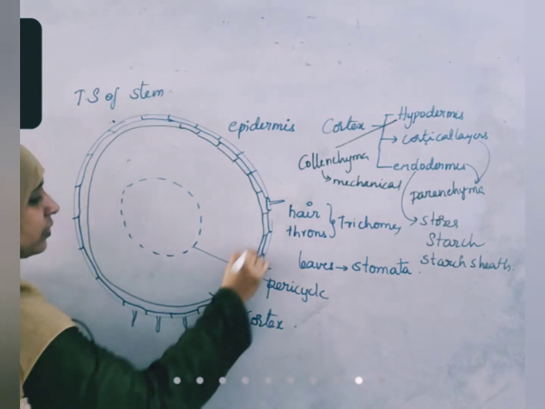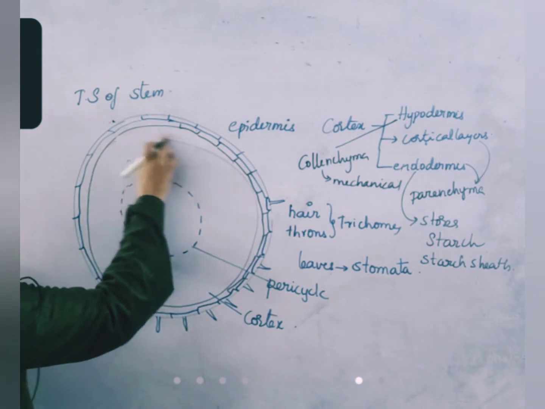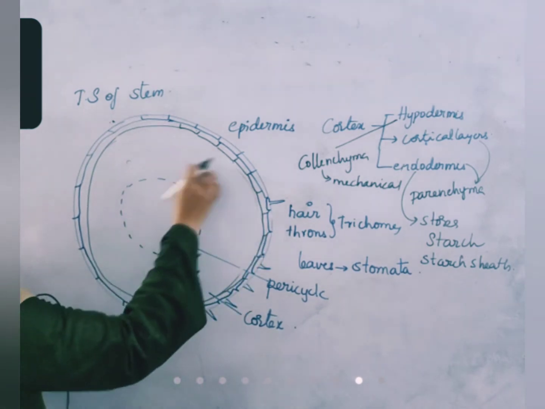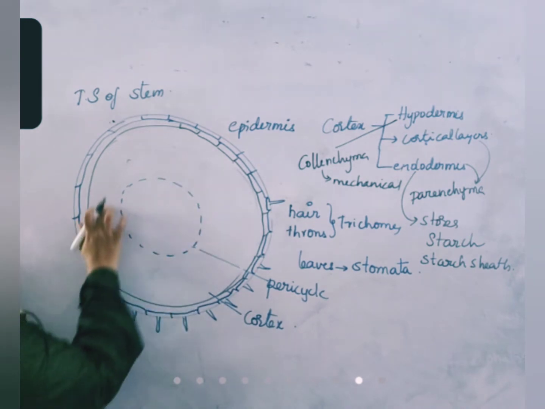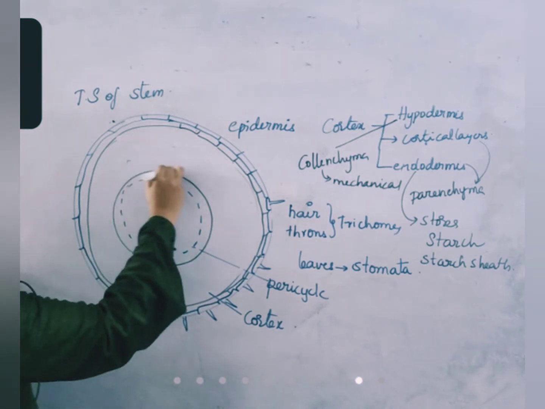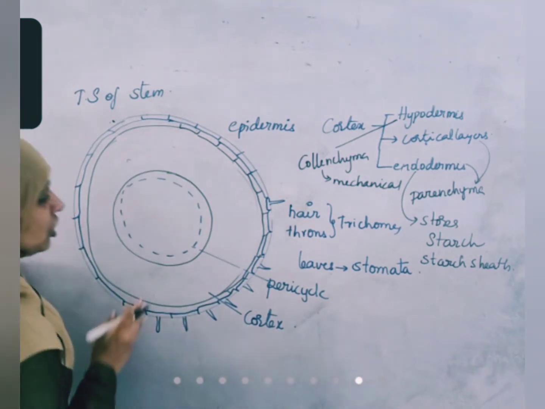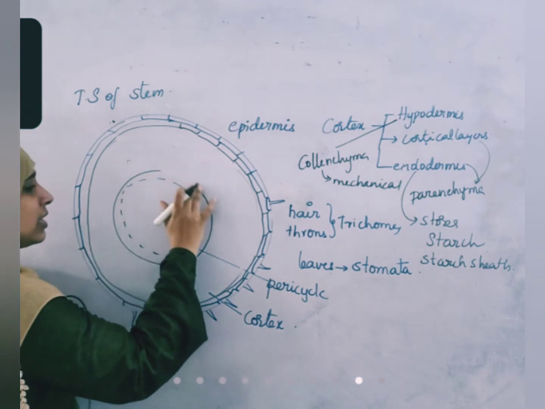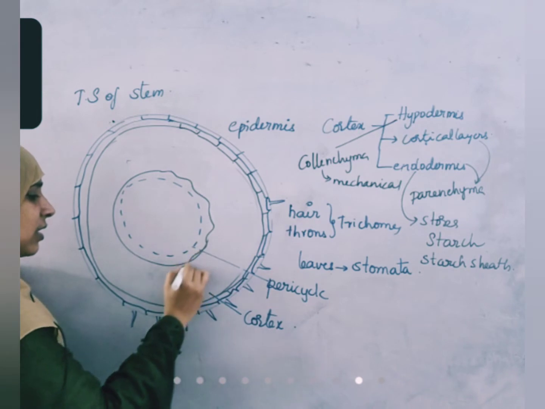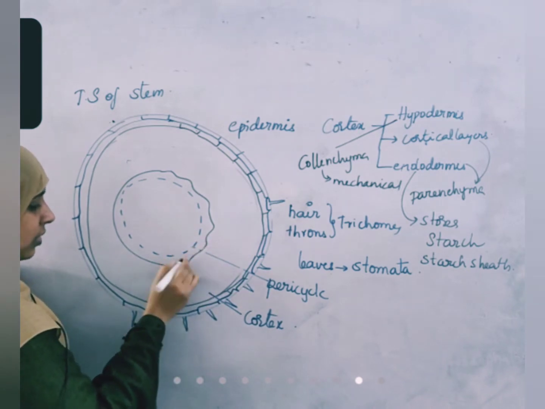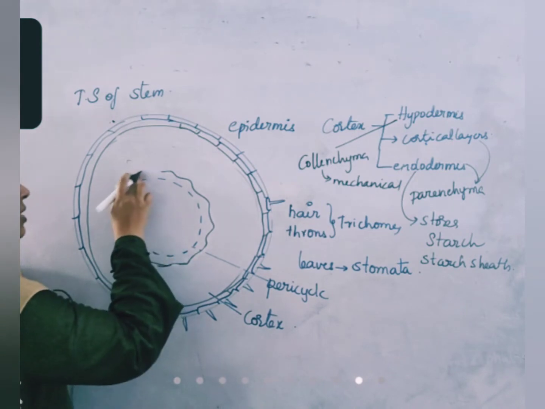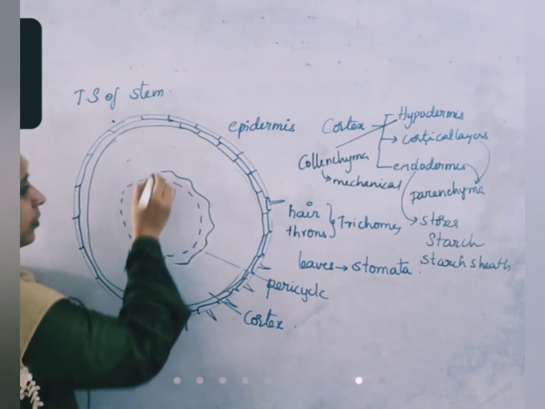So after epidermis, there are a few layers of hypodermis. After that, there are cortical cells, and then comes the endodermis. Here the endodermis is present. This endodermis is not straight like this. In some areas it is thick, in some areas it is thin, so it looks like this.